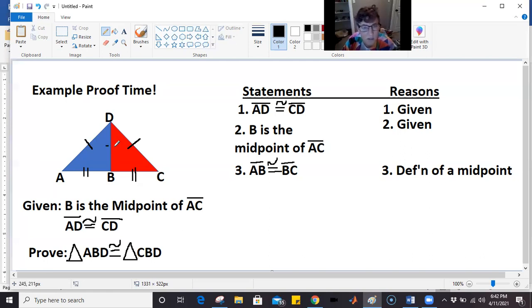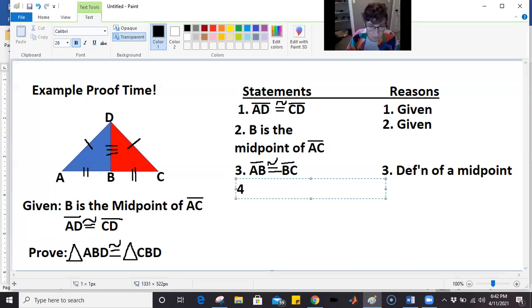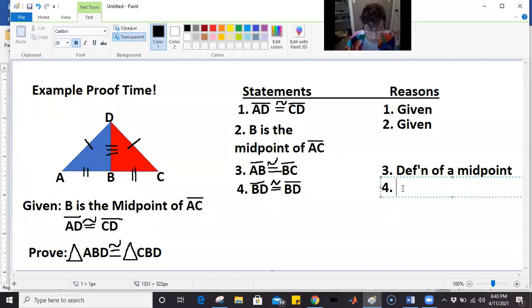So the third pair of sides is congruent because BD is congruent to itself. It has to be. It's itself. When something is congruent to itself, the reason is called the reflexive property.